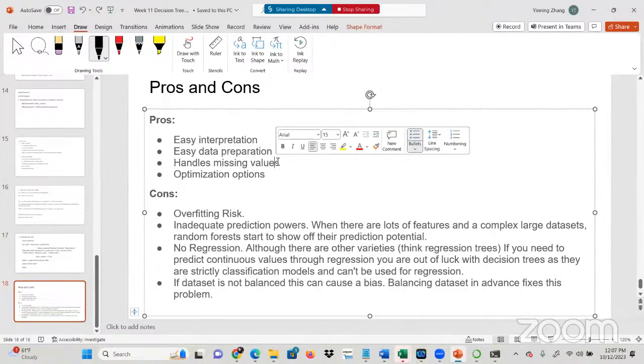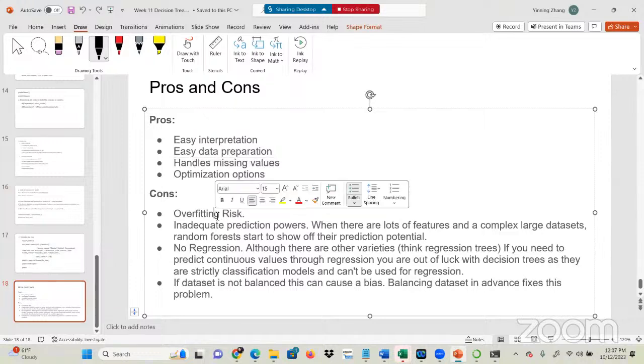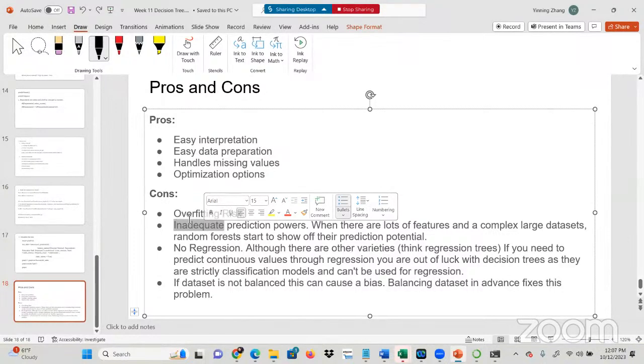Even if our data set has a lot of missing values, you don't have to address them. And the disadvantage of this algorithm is that it may result in overfitting.